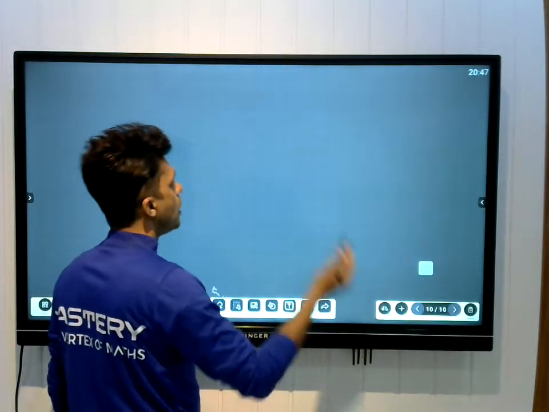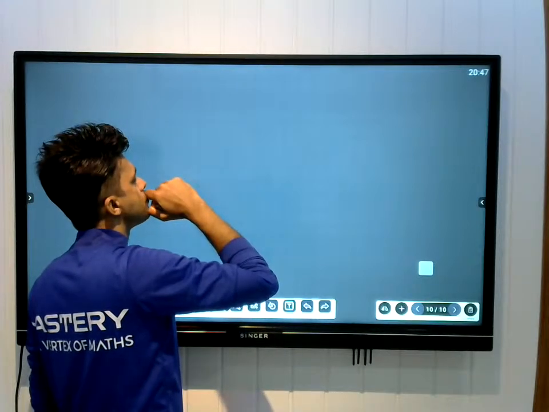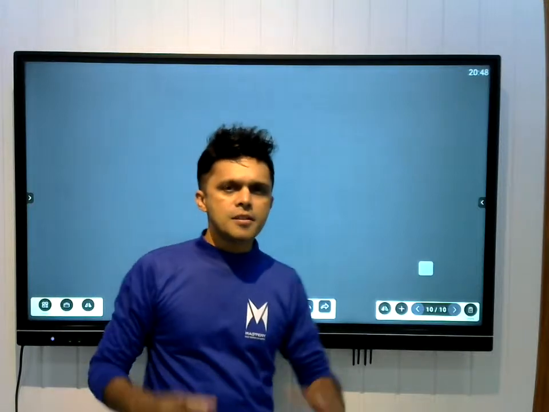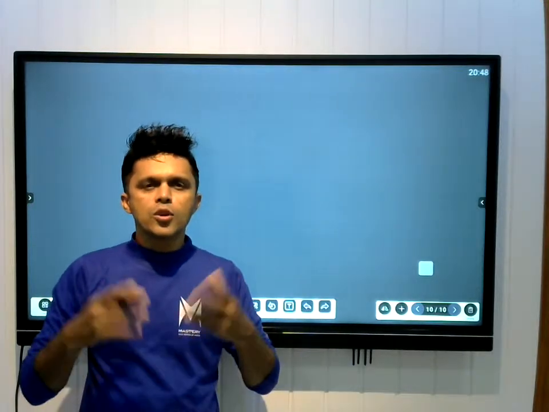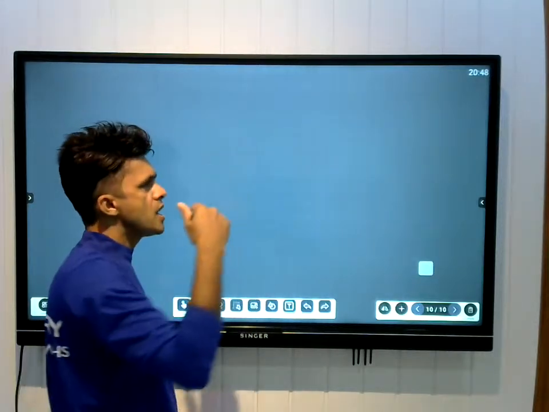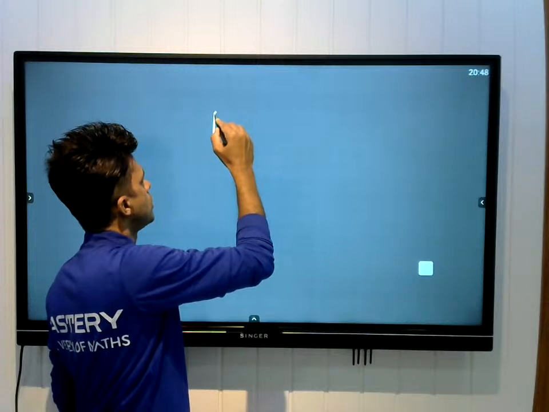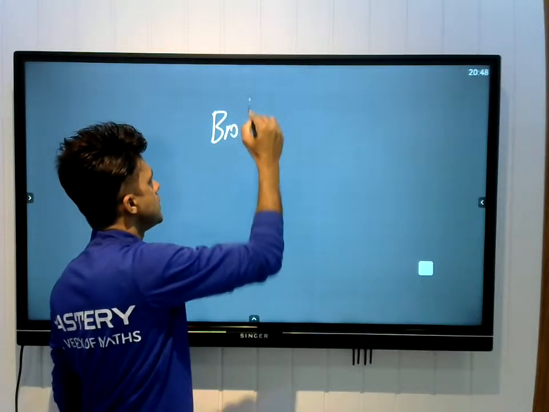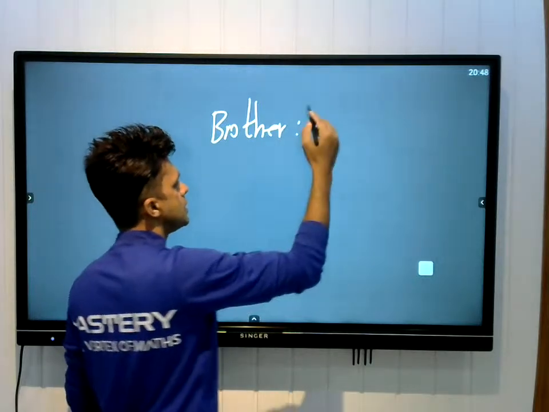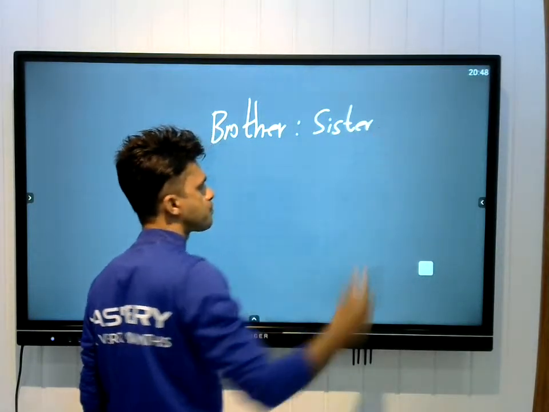Imagine, father brings mangoes. Brother and sister are given those brought mangoes.